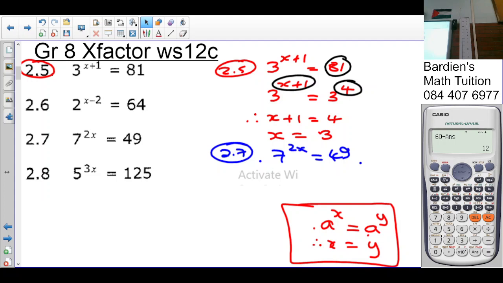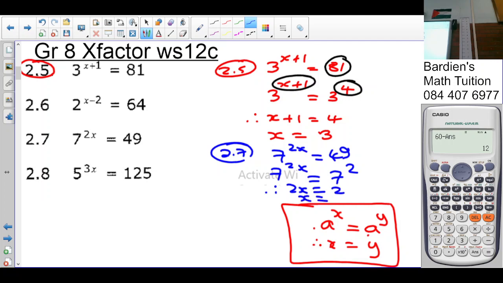What can happen here? The same bases. Okay, which is what? 7, yes? 7 to the 2x equals 7 squared. Why? Because 7 squared is 49. Now what? Therefore, 2x is equal to 2.